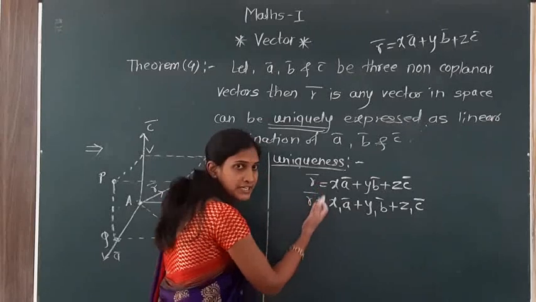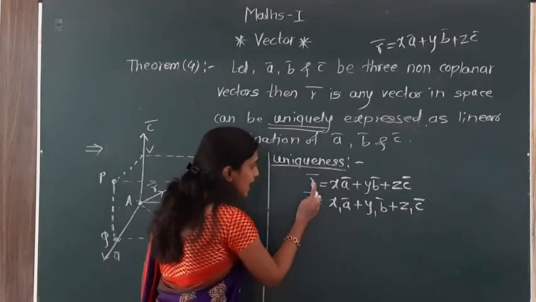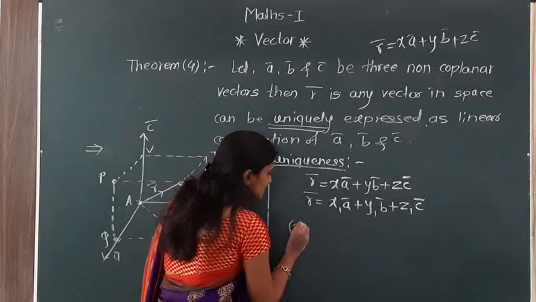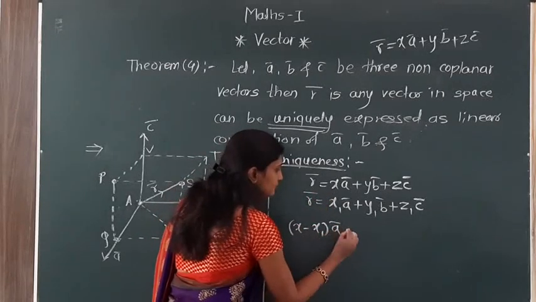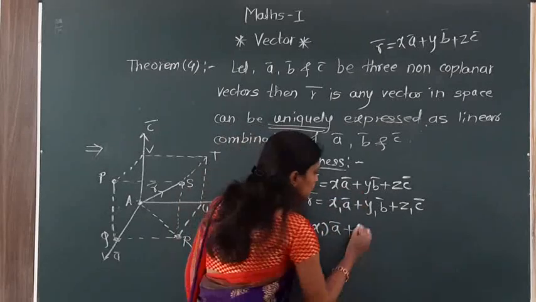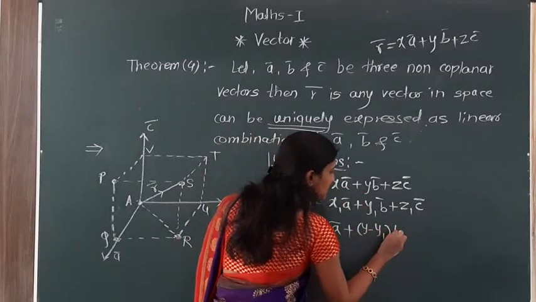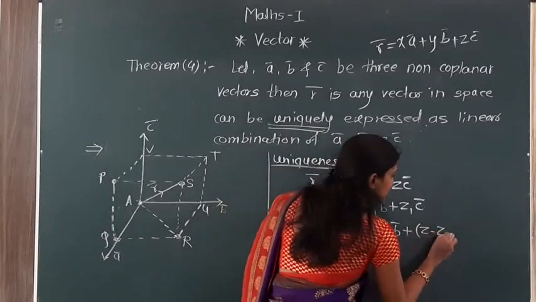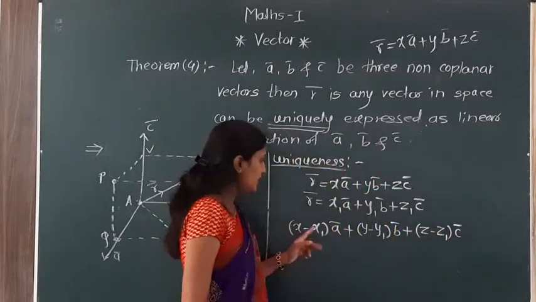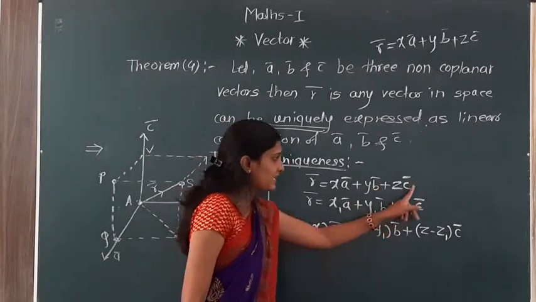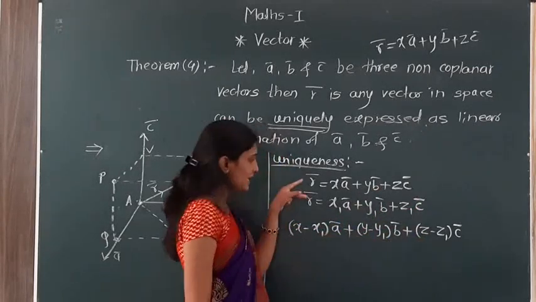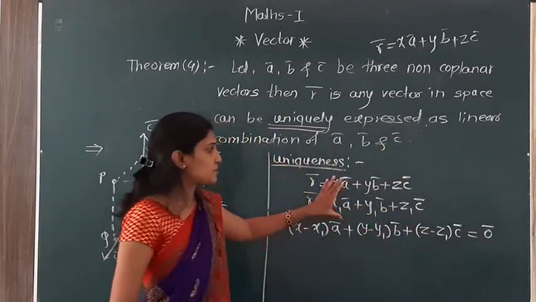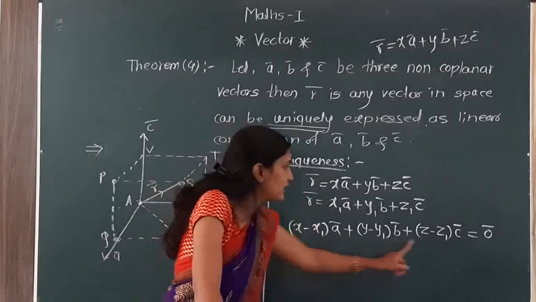So if we subtract these two equations, we get R bar minus R bar, that is 0 bar, equal to (x minus x1) A bar plus (y minus y1) B bar plus (z minus z1) C bar. Here we take A bar, B bar and C bar common.